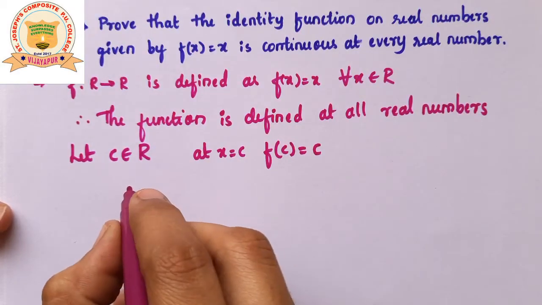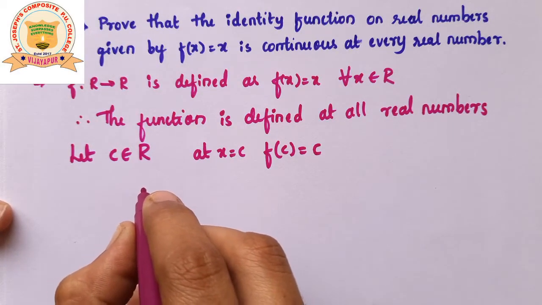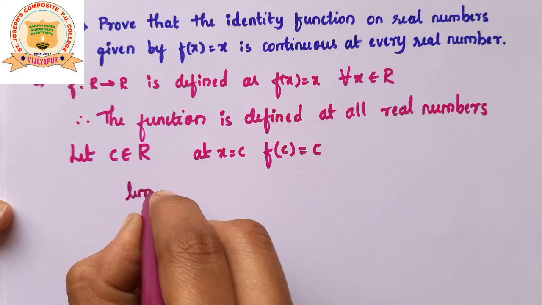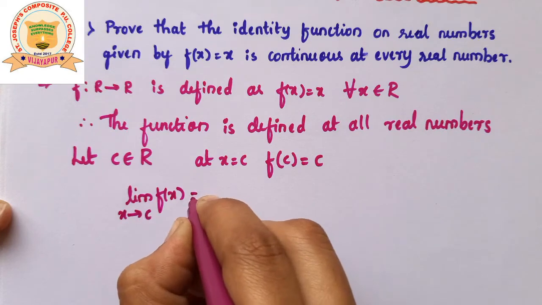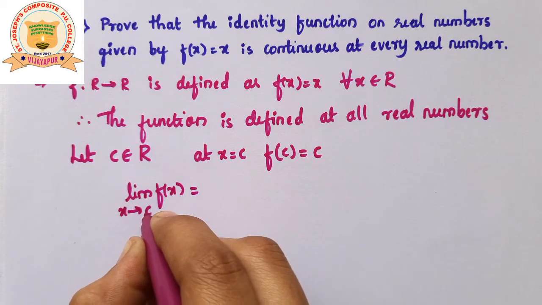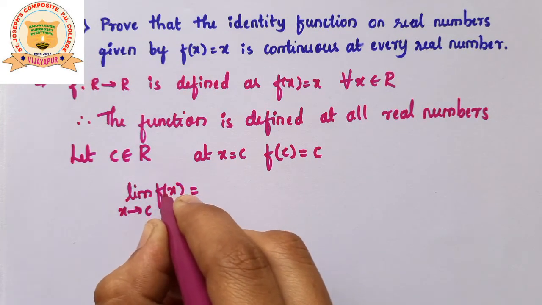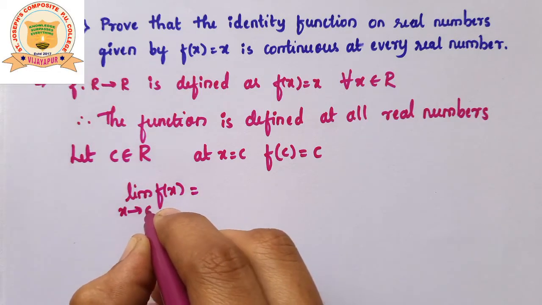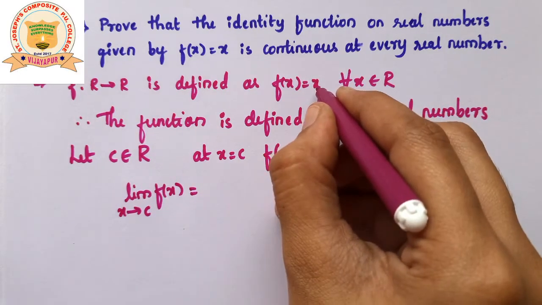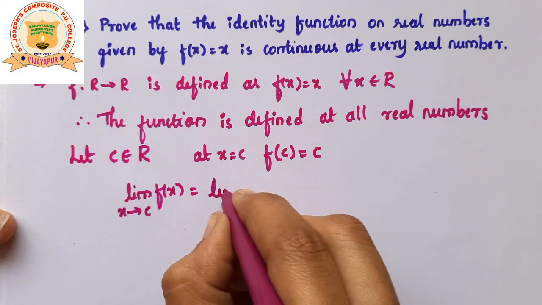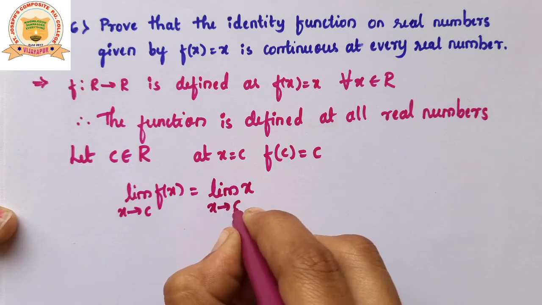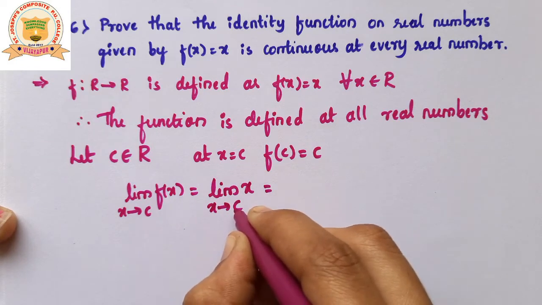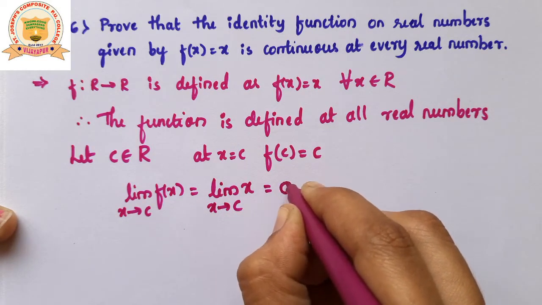Then we will find the limit of f of x as x tends to c. As x approaches c, what is the functional value? For any value of x, the functional value is x itself by the definition. Therefore, in place of f of x we substitute x, and as x tends to c, this x also tends to c.